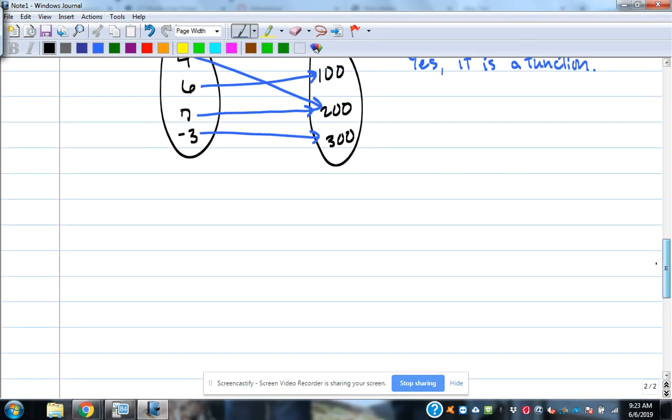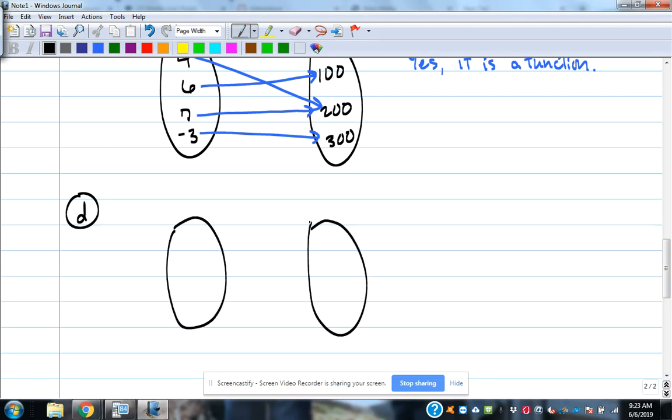All right, so let's do another mapping because that's the one that you don't see quite as often. We see lists of ordered pairs, we see tables a lot, but we don't see mappings very much over the years. So a couple bubbles: domain, range. Maybe you have 3, -8, 10, -6 in the domain, and 2, -5, and 7 in the range. And they start mapping those x values. So 3 to 2.